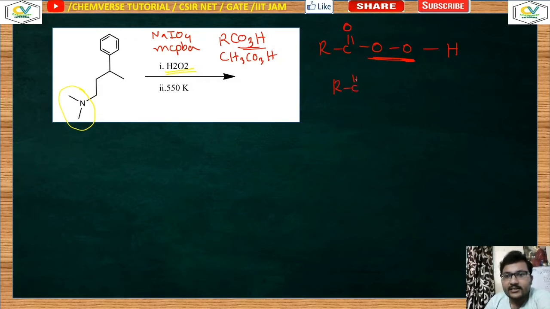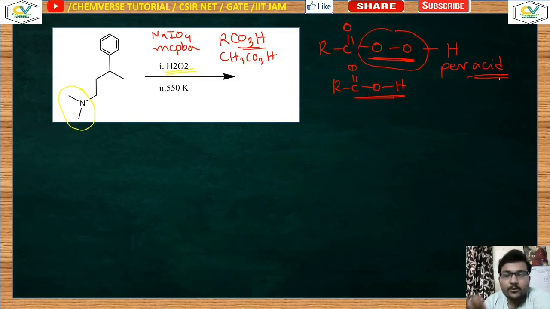Normal acid has a structure like this. It is a carboxylic acid and this is your peracid. These are called peracids. Okay. So a similar kind of peracid can be used here. MCPBA, metachloroperbenzoic acid. Sodium periodate can be used. H2O2, simple H2O2 can also oxidize.